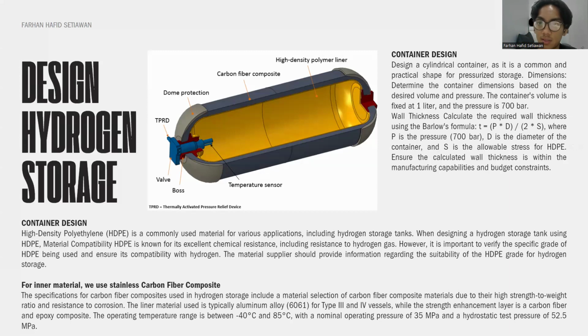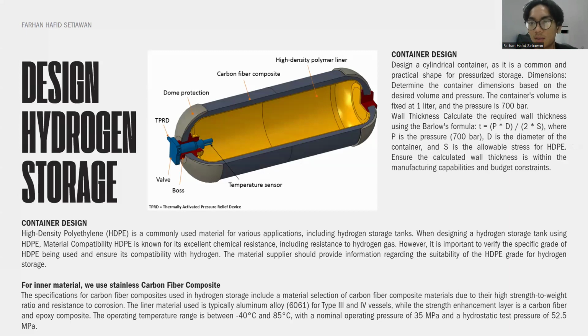This container is designed as a cylinder, which is a common practical shape for pressurized storage. Determine the container dimensions based on the desired volume and pressure. The container volume is fixed at 1 liter based on specification, and the pressure is 700 bar.